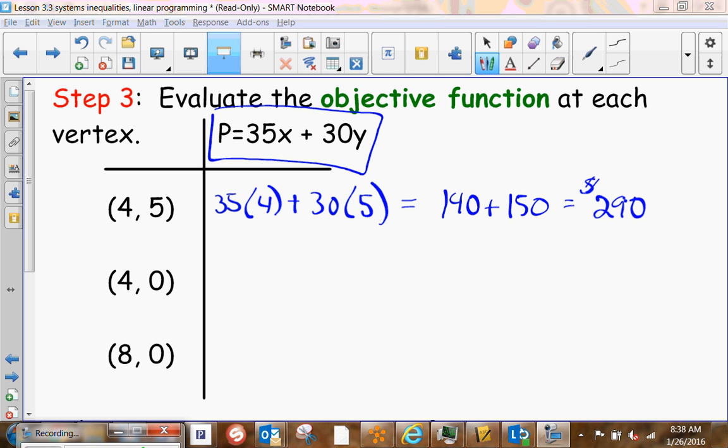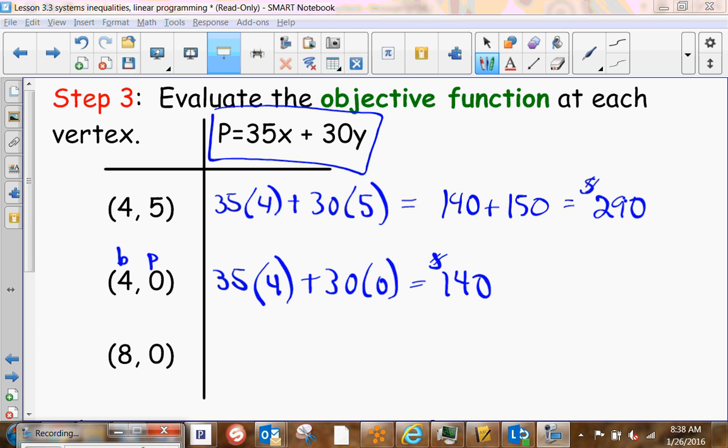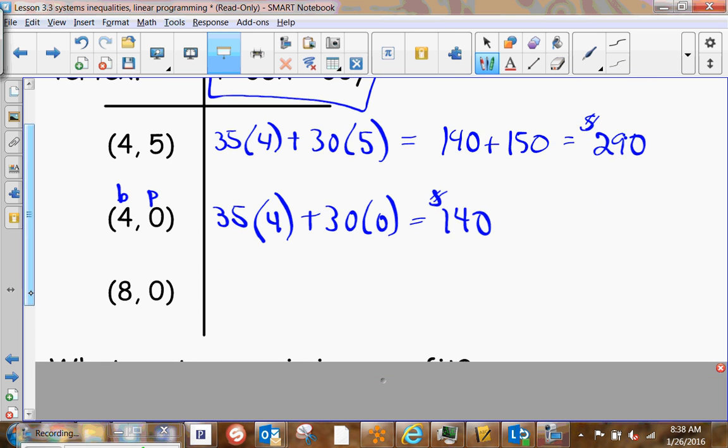This combination, doing 4 bowls and no plates, let's see what that does for him. That'd be 35 times 4 plus 30 times 0. Now, that's not going to be too hot. That's just going to be 140. And that's not bringing in a lot. How about 8, 0?